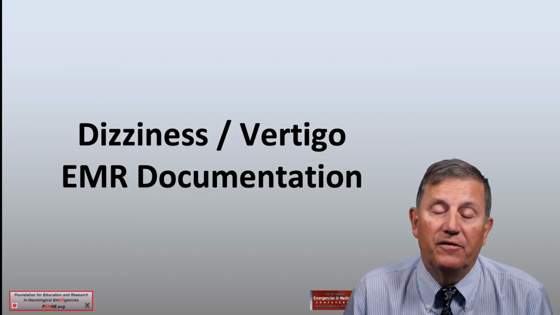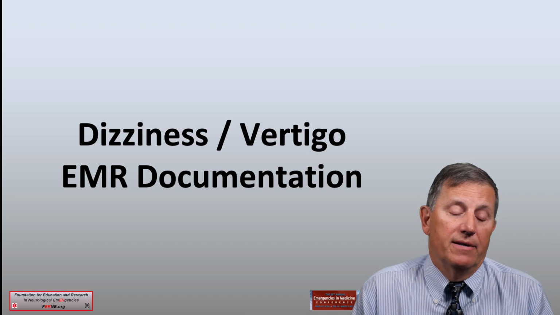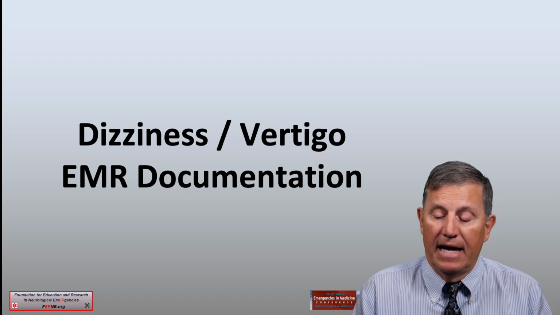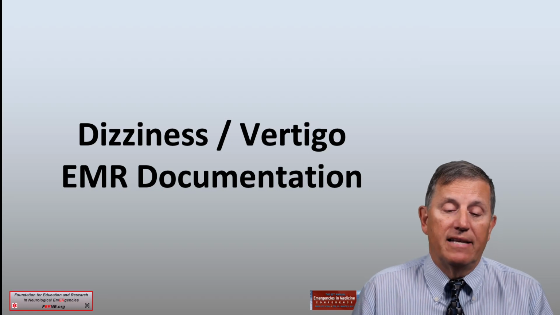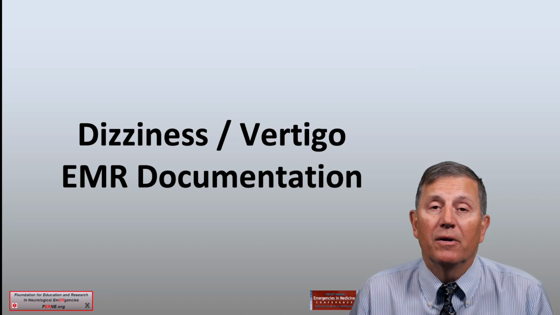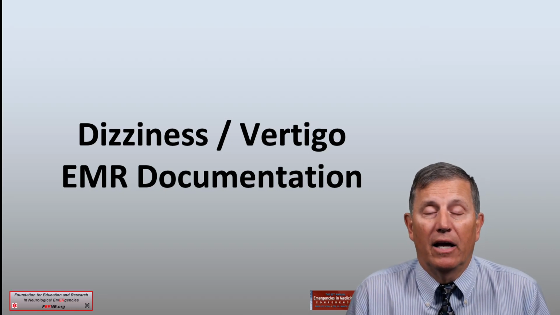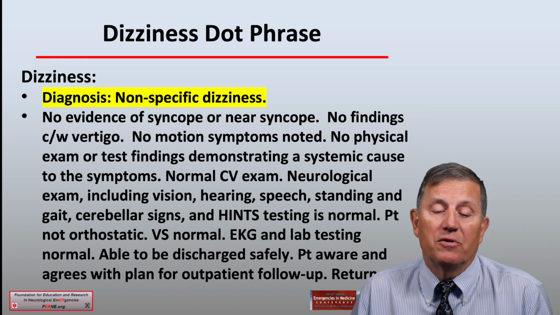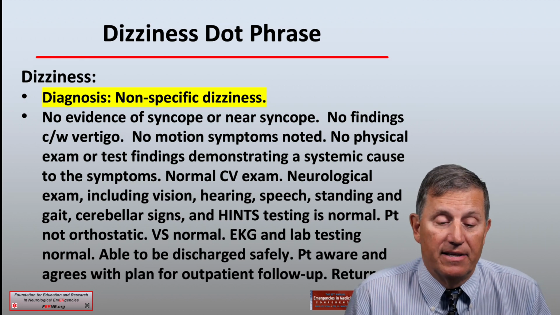No discussion of dizziness and/or vertigo is complete without discussing EMR documentation. So let's take a look at 3 different dot phrases that can be developed for use in any of the electronic medical records. The first would be a diagnosis of nonspecific dizziness.